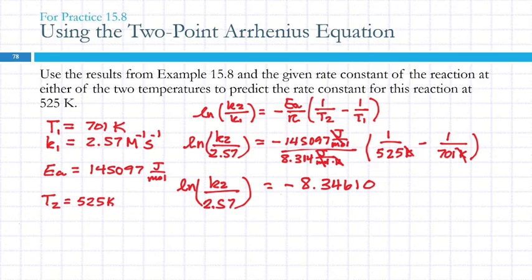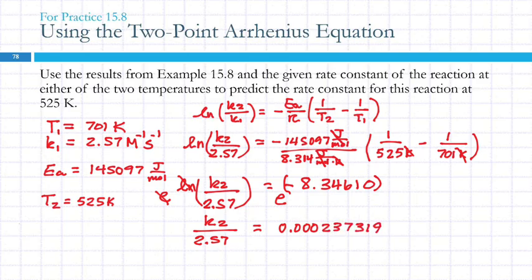What if we don't use the solver? Well, we need to get rid of this logarithm. So I'm going to do e to the x of both sides, and these guys go poof. So now I've got K2 divided by 2.57 is equal to e to the number I just calculated, 0.000237319.